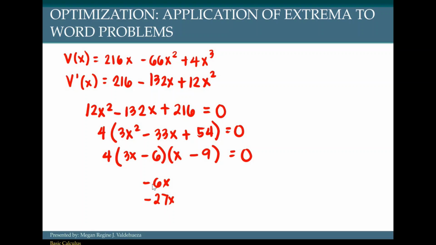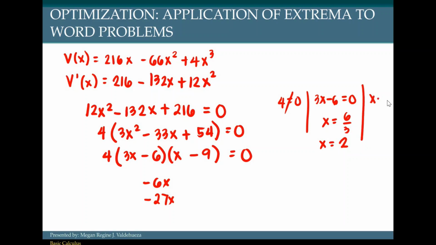So negative 27 minus 6 will give us negative 33x. So we have the factors. So from this, we have 4 equal to 0, which cannot be. We have 3x minus 6 equal to 0. So x is equal to 6 over 3, and that will give us x equal to 2.